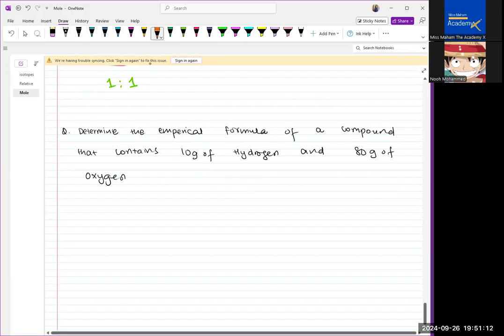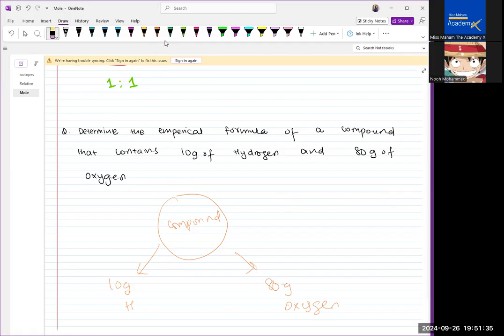So they've told us that in this compound you have 10 grams of hydrogen and 80 grams of oxygen. It's the same as saying you have 10% hydrogen and 80% oxygen, right? Just a difference of units. This one's expressed in grams, and I was talking about it in percentages.